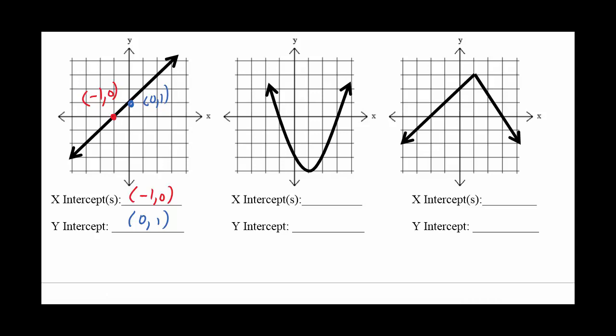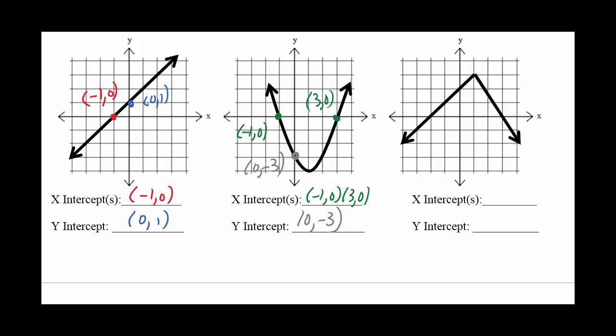And the next picture crosses the x-axis in 2 locations. So it looks like -1, 0, and 1, 2, 3, 3, 0. And then the y-intercept only crosses there, and that looks like it's 0, comma 1, 2, 3, -3.